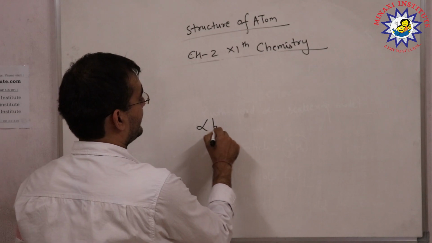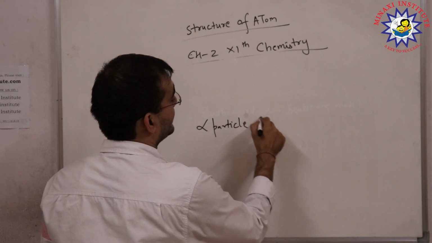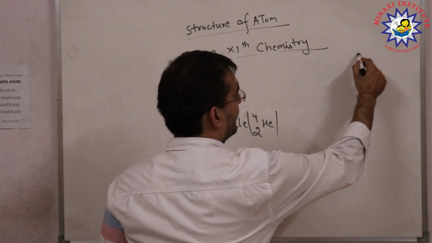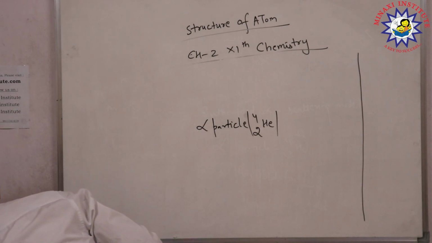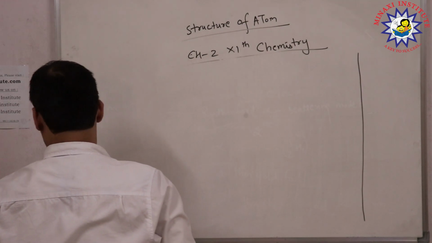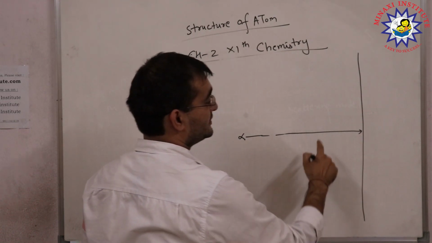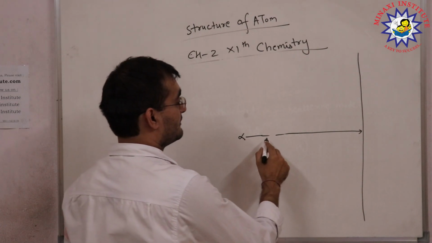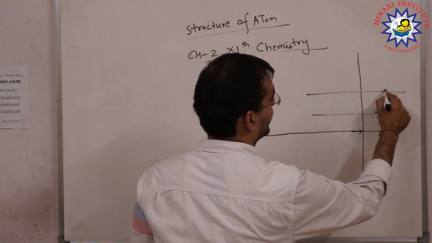I will be explaining Rutherford's alpha scattering model. This is the alpha particle. I have told you alpha particle is a helium nucleus. This is the gold foil. When we are bombarding this onto the thin gold foil, many of the alpha particles will pass straight.